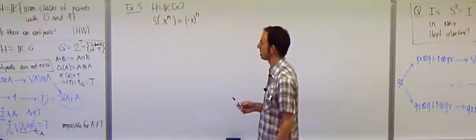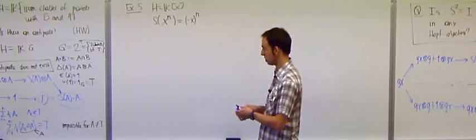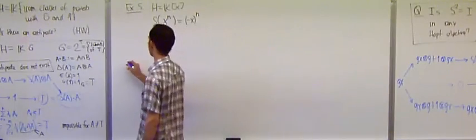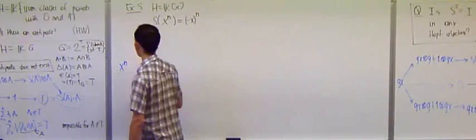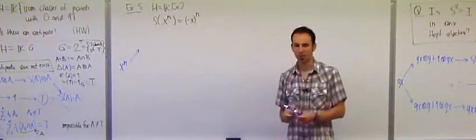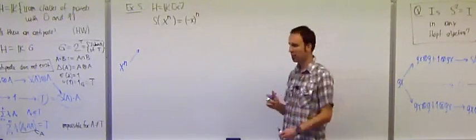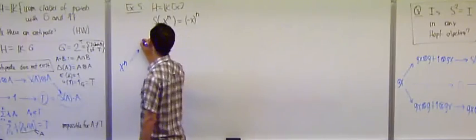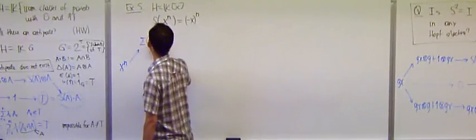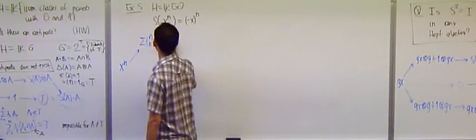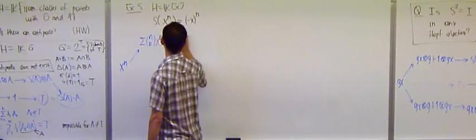So let's check that this is indeed the case. Let me start with the basis element x to the n. Now I apply the coproduct. And so you have to remember what delta of x to the n is. Do you remember? The sum of n choose k, x to the k tensor x to the n minus k.